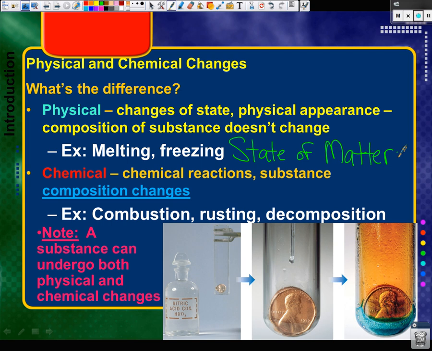Now, we've talked about rusting. What's the chemistry name for rusting? Oxidation. And then what does decomposition mean? To break down. Okay, so let's look at this. The little picture at the bottom shows nitric acid on a penny. If you drop nitric acid on the penny, what are most pennies made up of? Copper. Okay, copper and zinc nowadays. It used to be pure copper, but in more recent years, copper has gotten so expensive that they've had to subsidize it with more and more different metals that are cheaper.